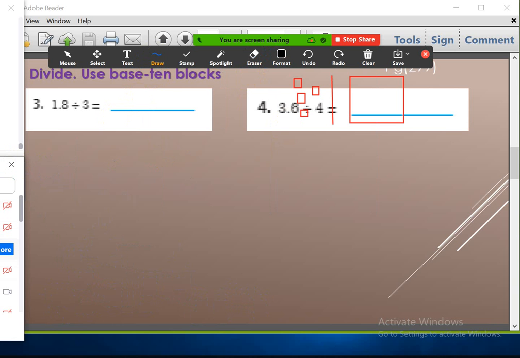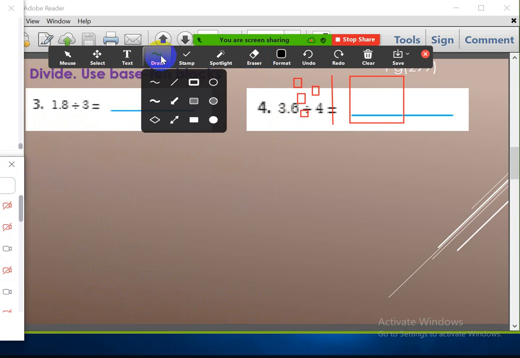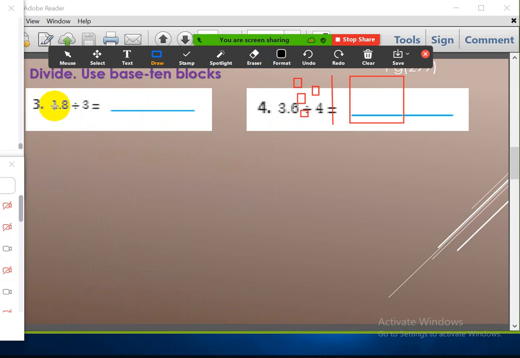Yes, Lana, help me please to divide 1.8 by 3. First thing, Lana, 1.8. I want to draw a model that represents 1.8. What do I have to draw? Lana? 1 flat. Look, the ones are represented with flats.